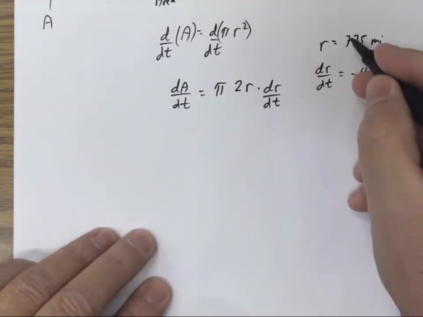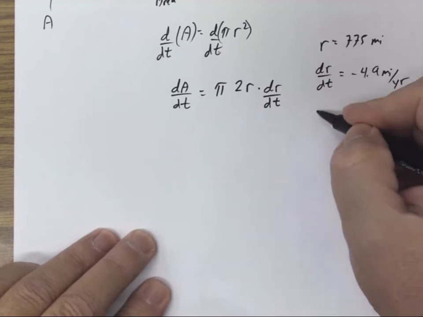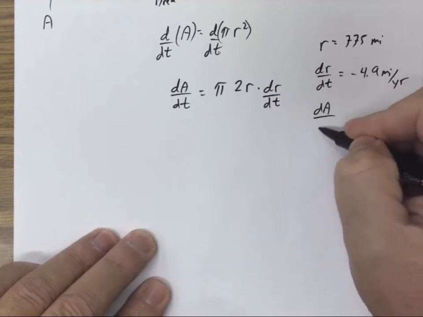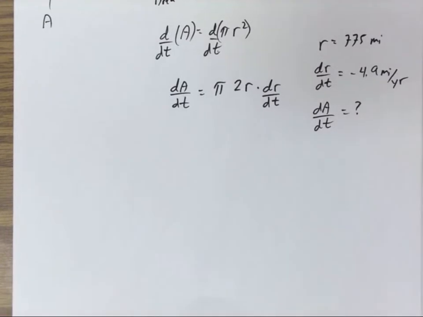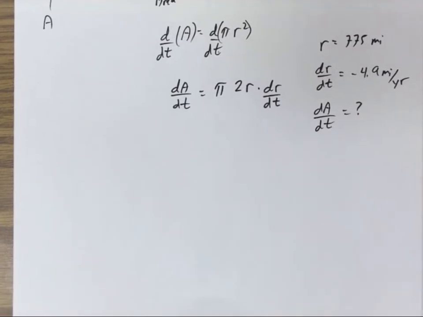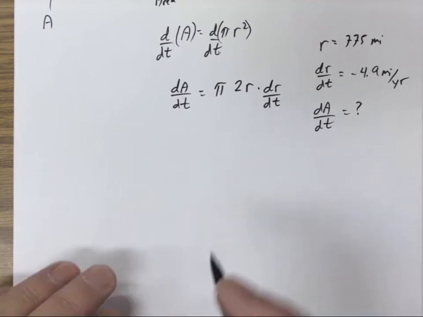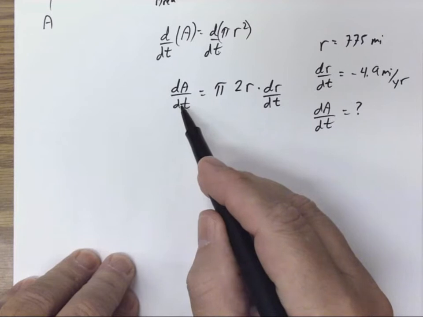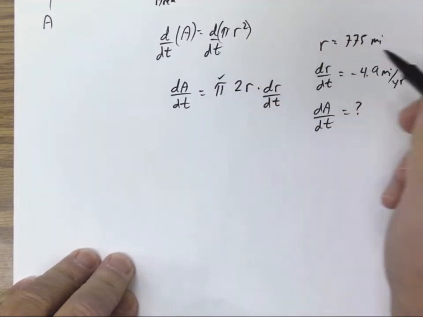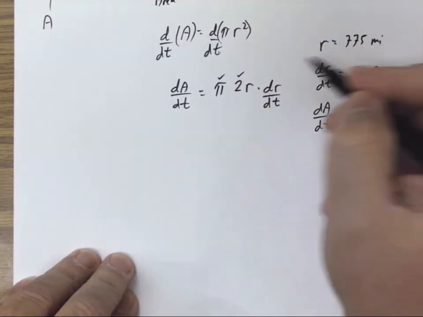And then they say at this point in time, with this specific information, how is the area changing? Turns out we have this equation. We've already solved it for dA dt. Pi is a number, it's a constant. We've got 2 here.